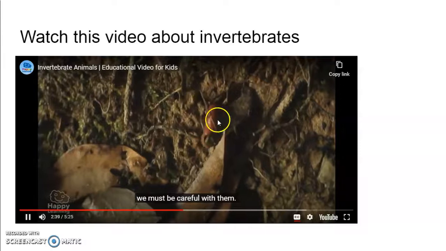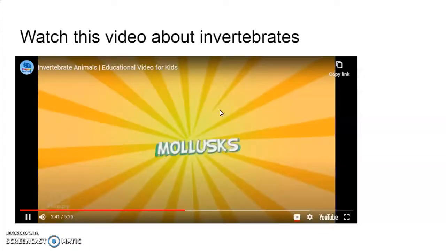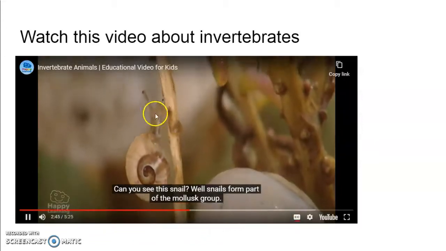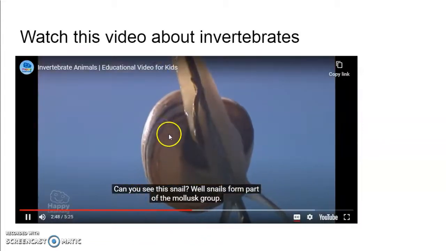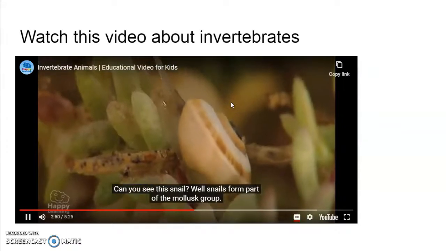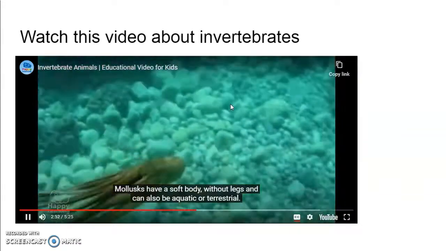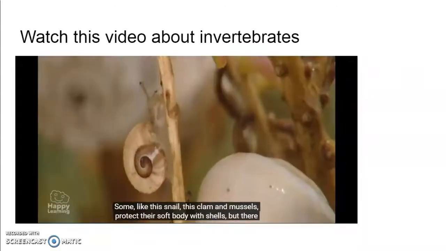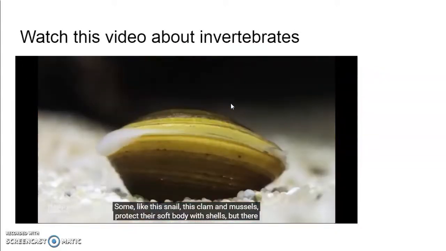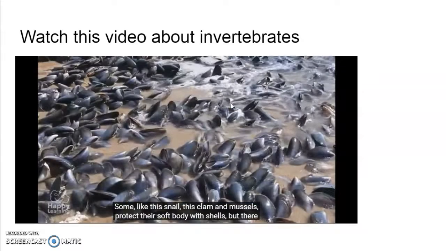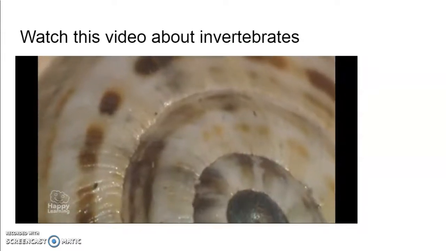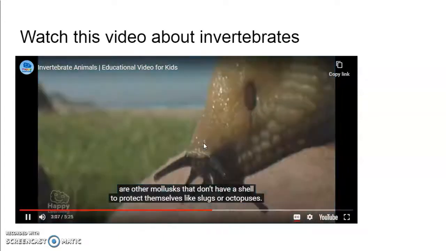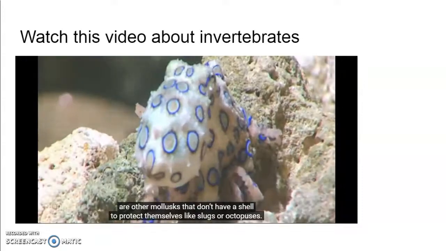Look, these are the worms at the dam. Can you see the snail? This is the snail. We took it Well, snails before. form part of the mollusk group. Mollusks have a soft body without legs and can also be aquatic or terrestrial. بنقول عنها Some, like the الرخويات. snail, its clams and muscles protect the body with shells. This is the shell. But But there are other mollusks that don't have a shell to protect themselves, like slugs or octopuses.